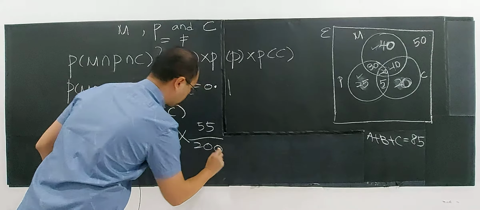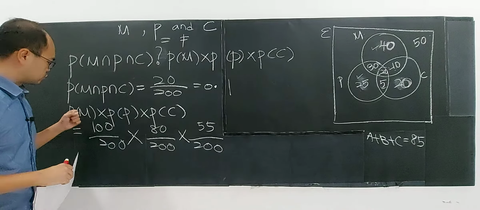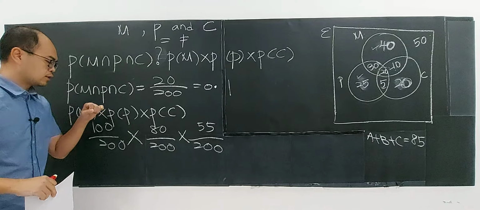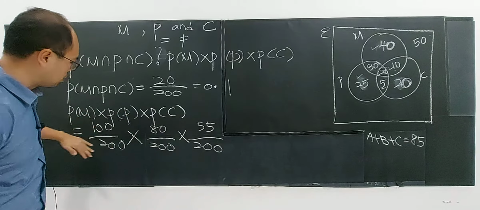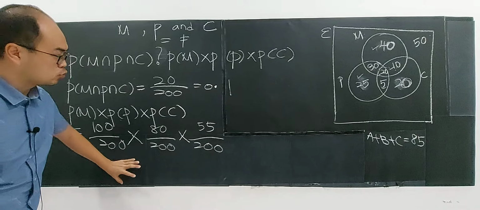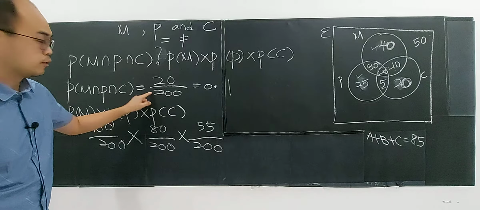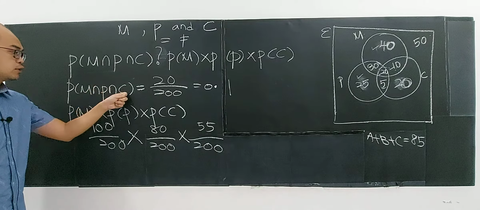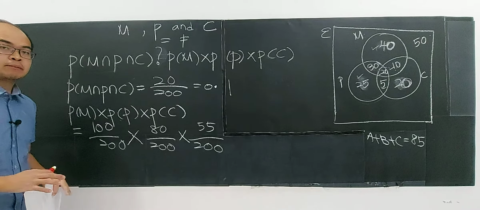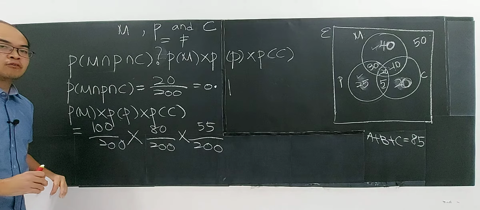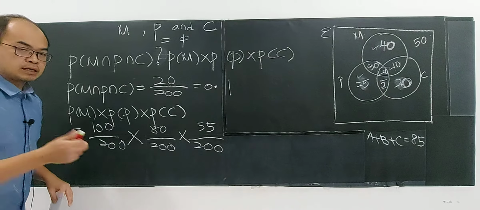If you multiply all the probabilities, and the result happens to be the same as the probability of the intersection between these three events, then by the concept of the multiplication law for independent events, they will be independent.